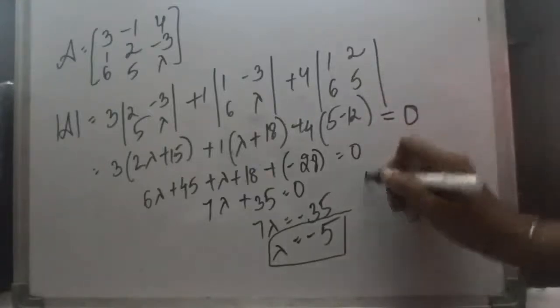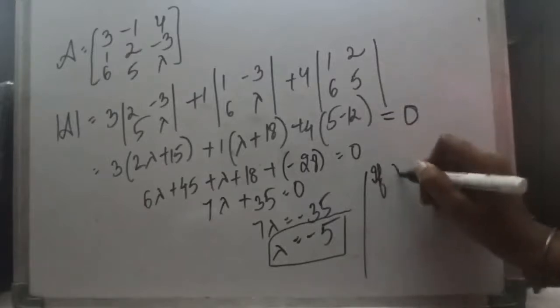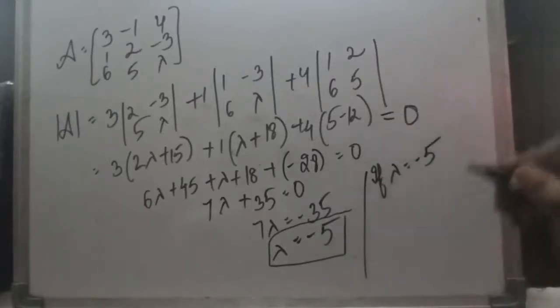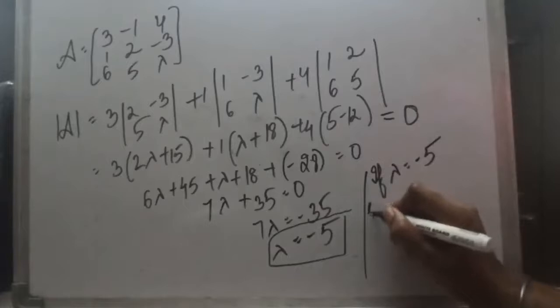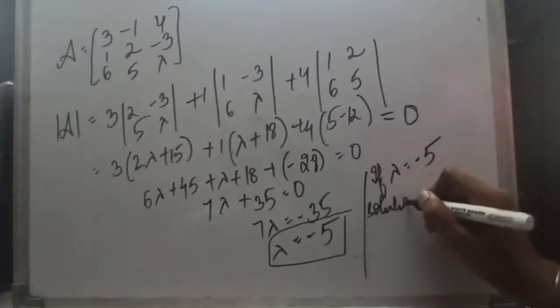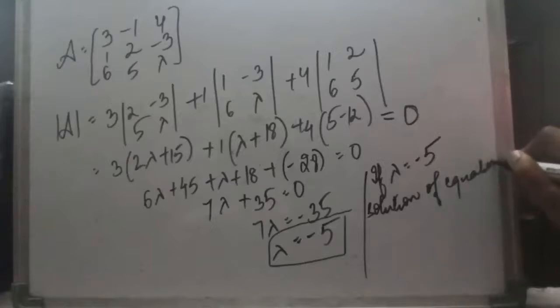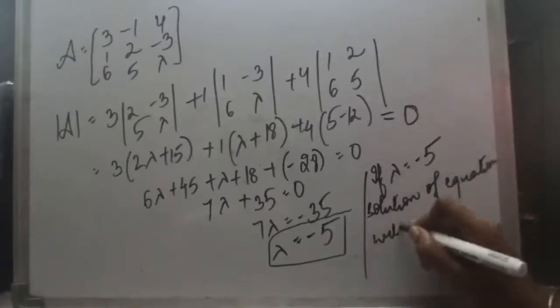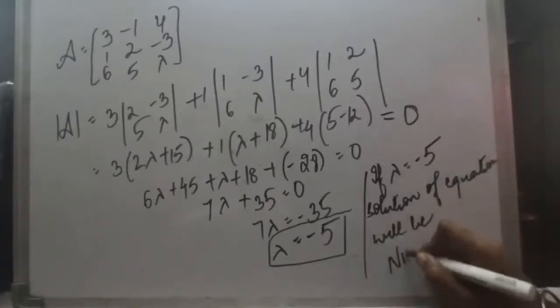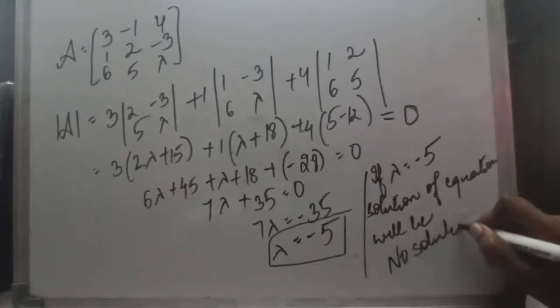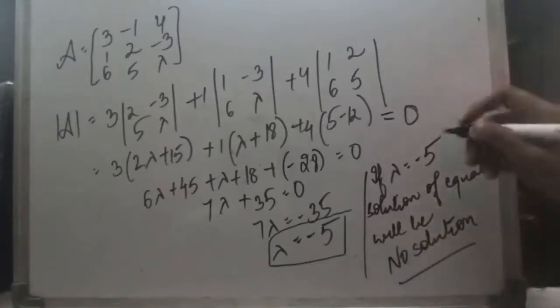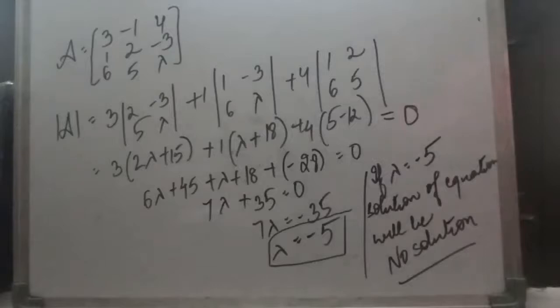So we can write here, if lambda is minus 5, the solution of the equations will be no solution. Only when the equations do not have any solution is it possible that lambda equals minus 5.